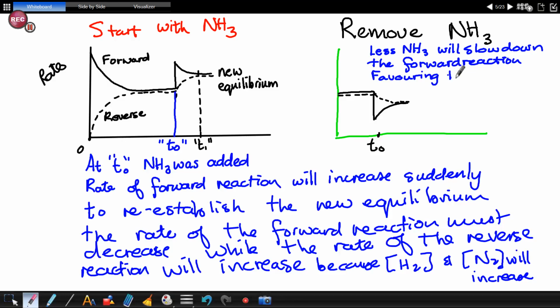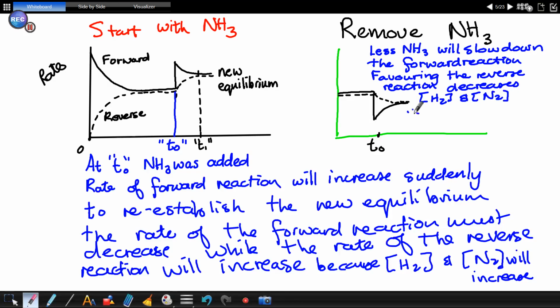So favoring the reverse reaction decreases the concentration of hydrogen and nitrogen.